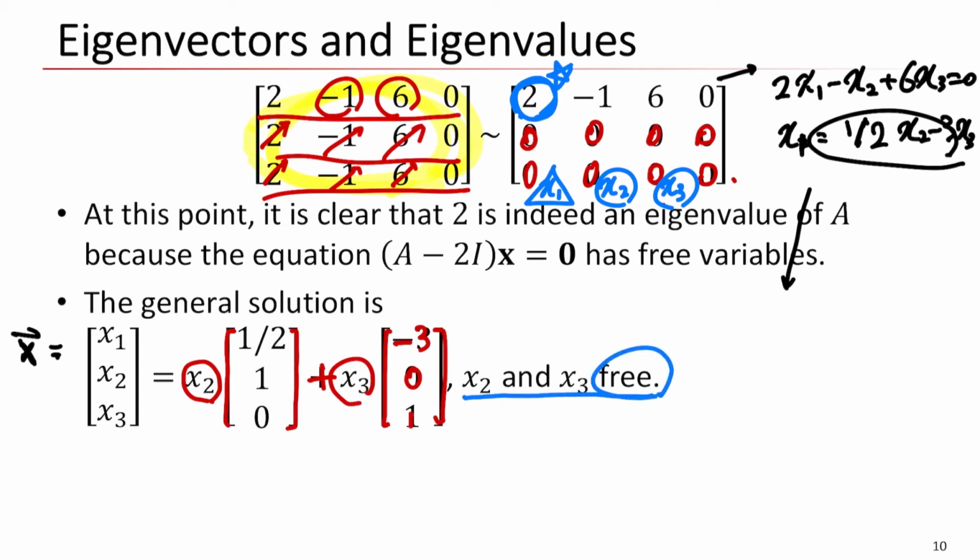So it means that by choosing any arbitrary values of x2 and x3, we can generate infinitely many eigenvectors, something like this, right?